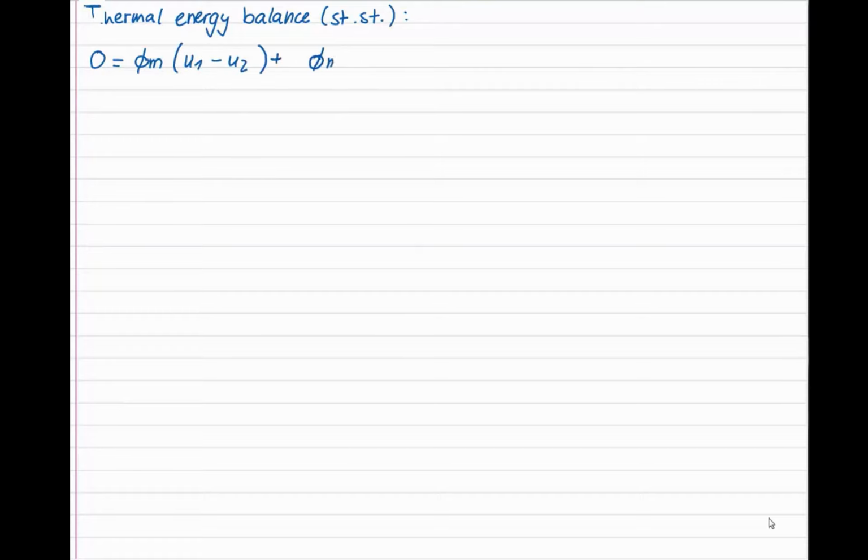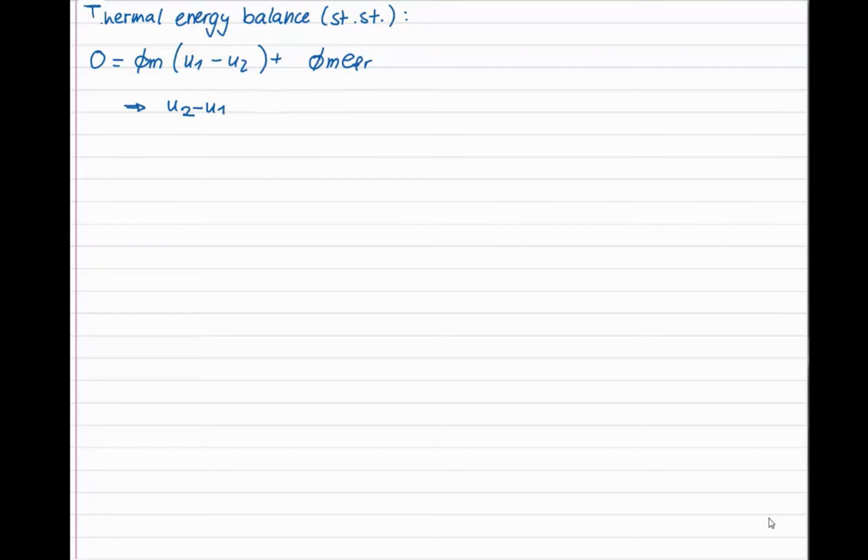For the next part of the exercise, we need to find the temperature change due to friction. We set up a thermal energy balance, which is a steady state. So 0 equals the mass flow rate times the difference in internal energy of the water between point 1 and 2, plus the mass flow rate times the energy dissipation.